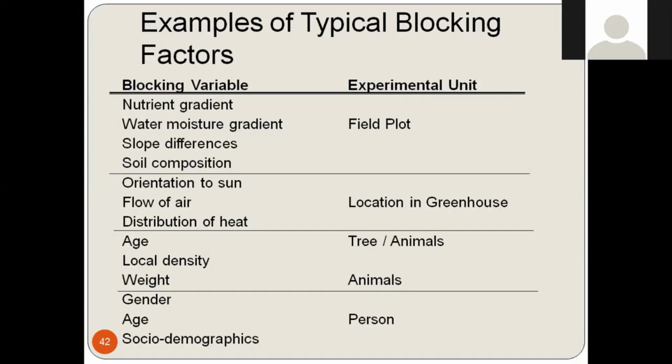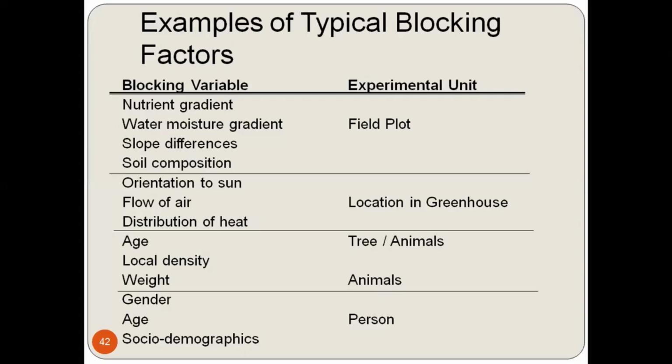Another example, orientation to the sun. Even though we said greenhouses rarely have a problem, greenhouses are more or less homogeneous. But there may be an opportunity to have heterogeneity also. Why?